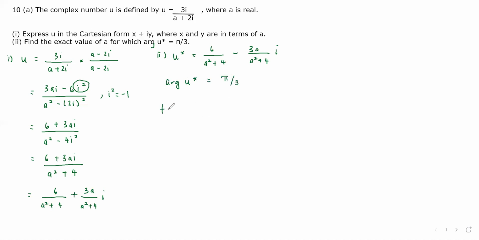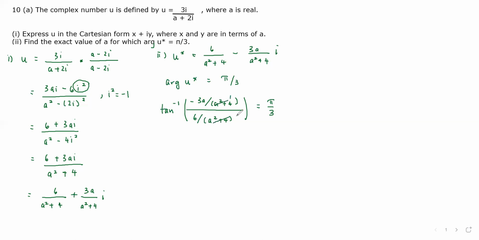The argument of a complex number is the arctangent of the imaginary part over the real part. The imaginary part is negative 3a over a squared plus 4. And this is divided by the real part, which is 6 over a squared plus 4. That is pi over 3. The denominators are the same.